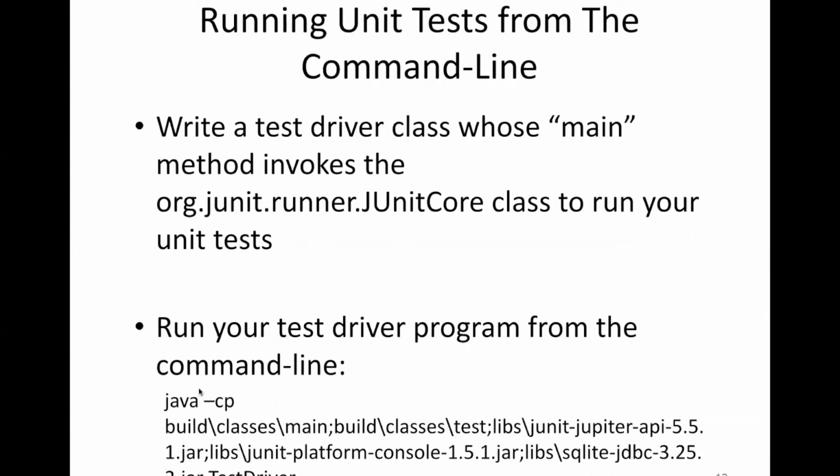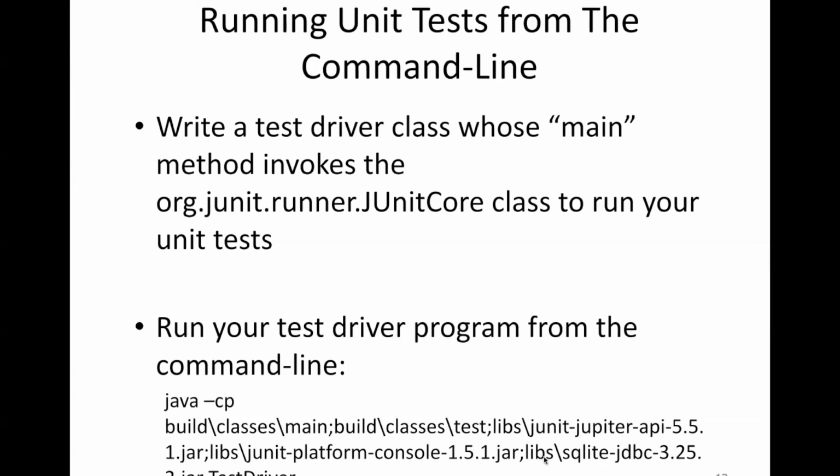So here is a command line that would allow you to do that. Once you write a test driver that invokes the JUnit core runner, then you'd need to put everything you need on the class path. So you'd need to put the JUnit Jupiter API jar on your class path. That is the JUnit framework and all of its classes.